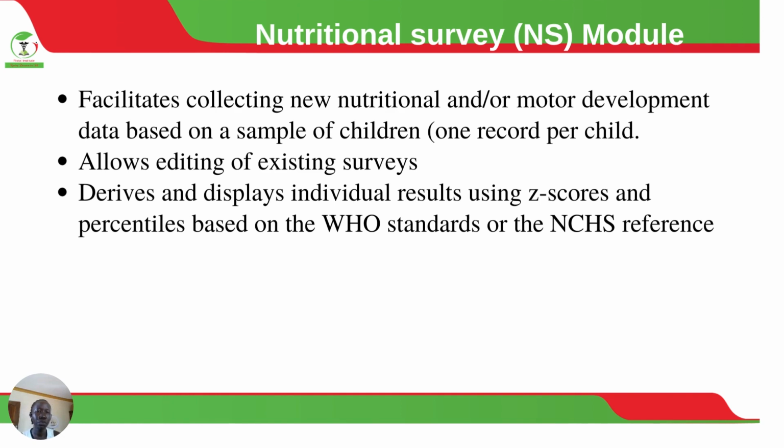Nutritional survey module. This one facilitates collecting new nutritional and motor development data based on a sample of children, one record per child. It allows editing of the existing surveys and derives and displays individual results using Z scores and percentiles based on the WHO standards or the NCHS references.